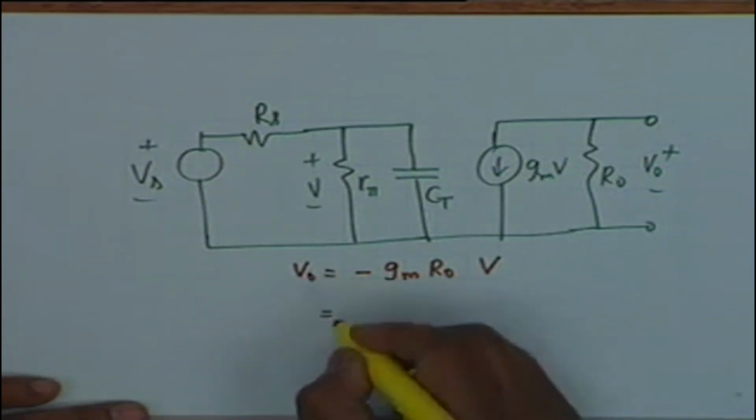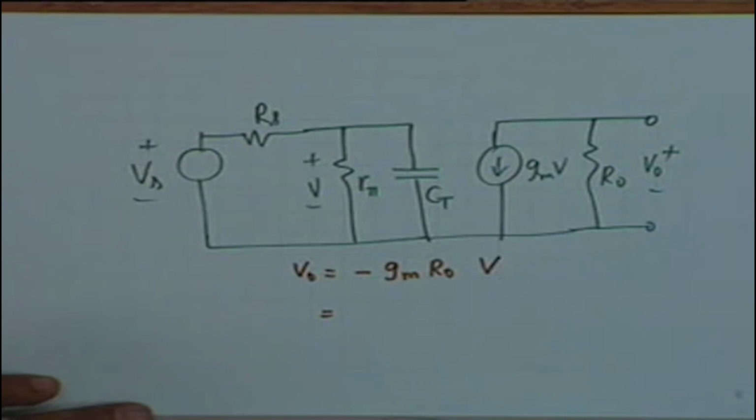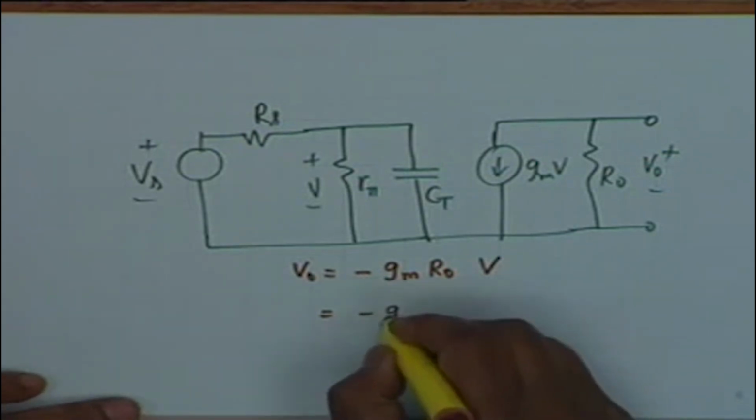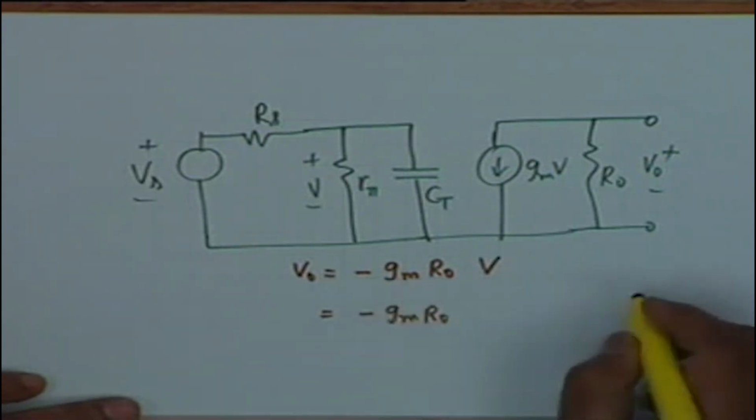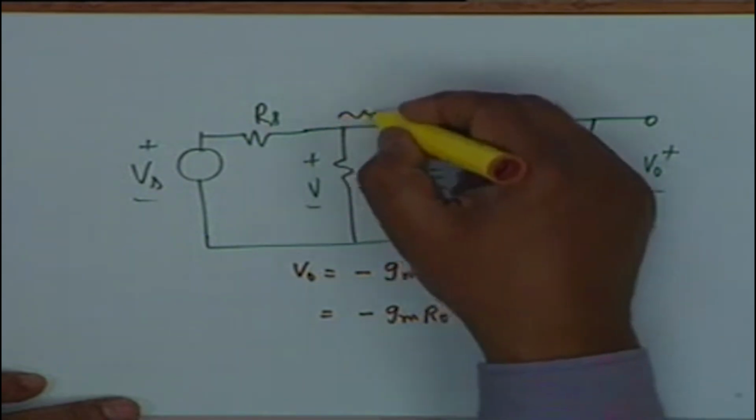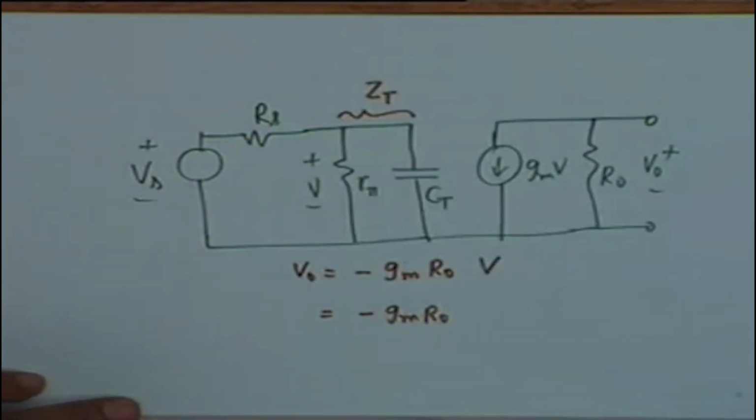Now look at the simplification that comes into effect. V is, let's call this impedance ZT, the impedance of R pi and Ct in parallel.